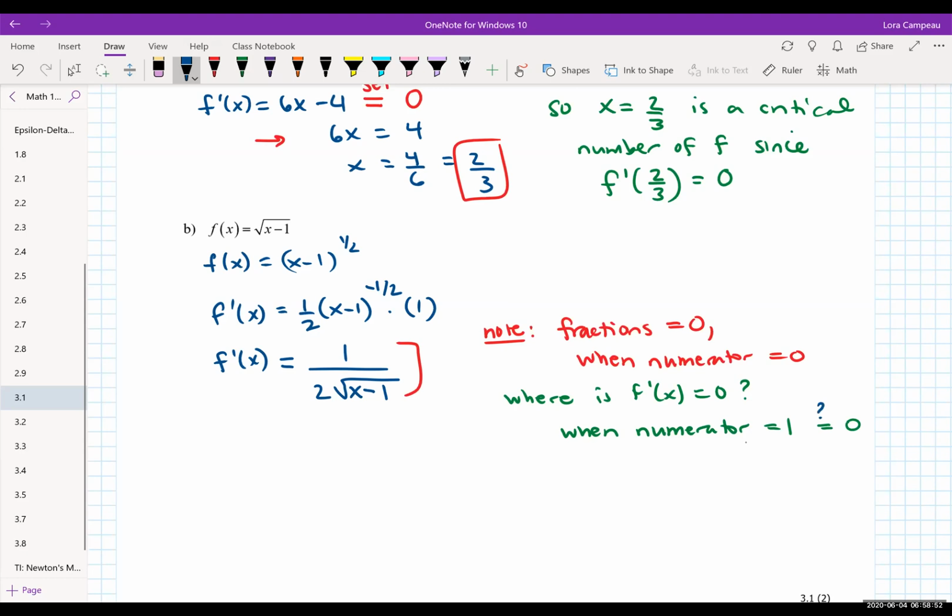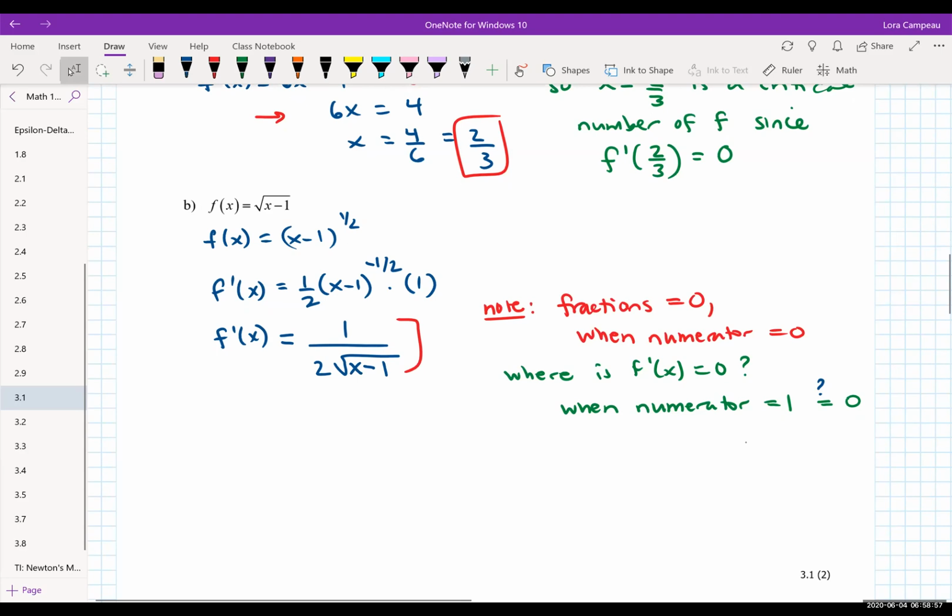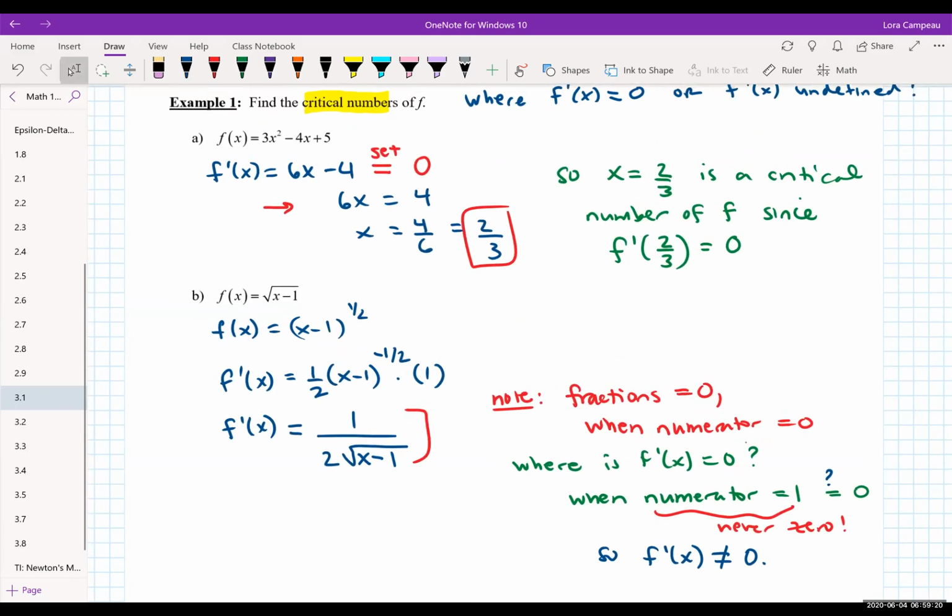And it shouldn't. Can you solve that equation? No. So, by the way, numerator equals 1 is never 0. So we know for sure our derivative will never be equal to 0. So sometimes you guys stop there because usually that's kind of everyone's favorite part. Oh yeah, I can't solve it, I'm done.